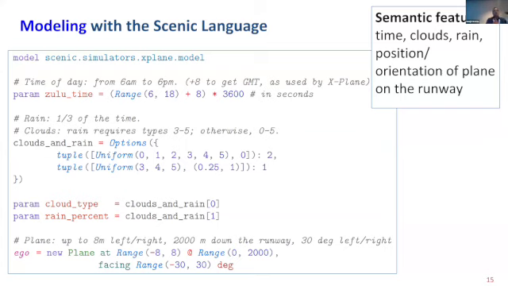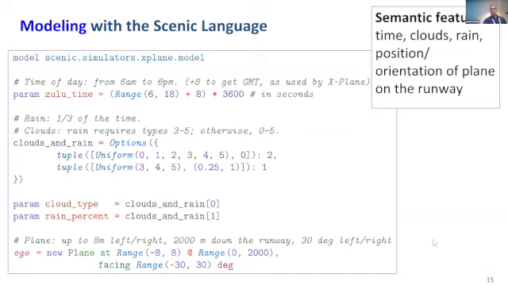Whether there are clouds in the sky and what kind of clouds there are, and this is something the simulator can set. Whether there's rain and how much rain there is, and the initial position and orientation of the plane on the runway. And so you see each of those things described here, time of day, clouds and rain, and then the position and orientation down there. Okay, so that's it. That was the Scenic program, very simple at that point.